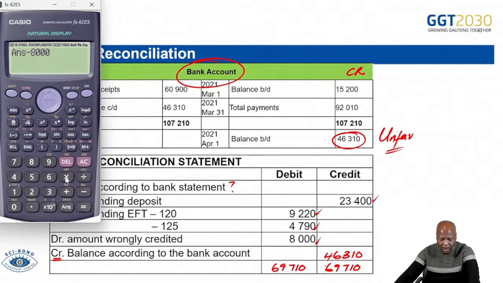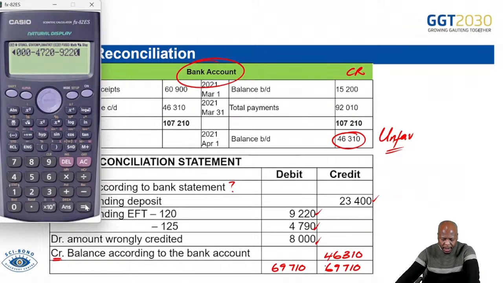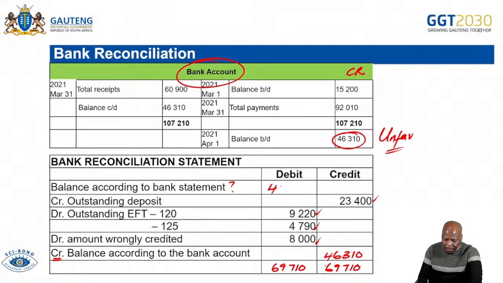Please punch the calculator together with me. Then I say again minus 4,720. Then again I say minus 9,220. Then it gives me the balance, which is 47,770. So I'm going to come here, and I get my 47,770. That is how we then do the bank reconciliation statement.